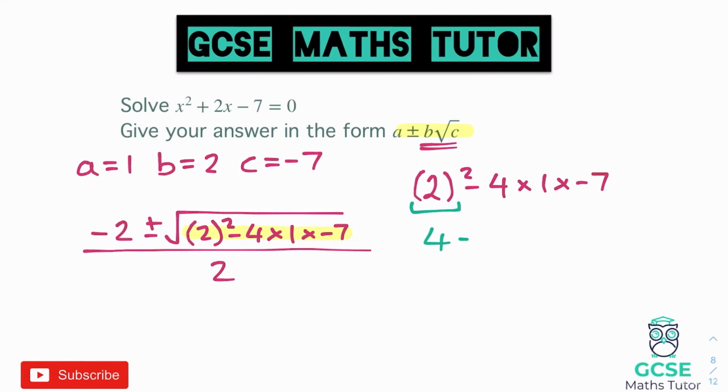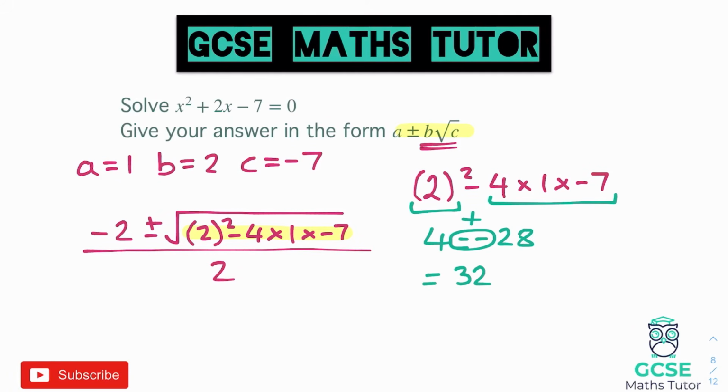And we're going to take away 4 times 1 times negative 7. Well, 4 times 1 is 4, times negative 7 is negative 28. So we have 4 take away negative 28. There we go, we've got that double negative there. So 4 take away negative 28 becomes 4 plus 28, which is 32.